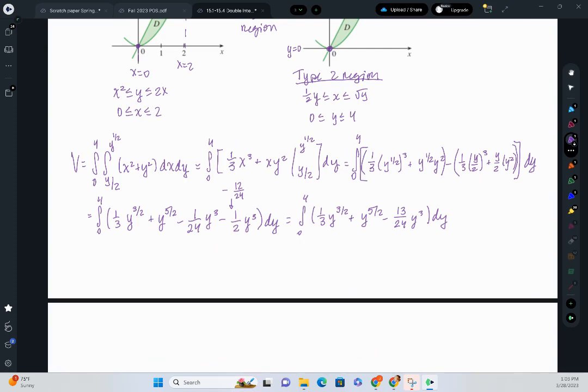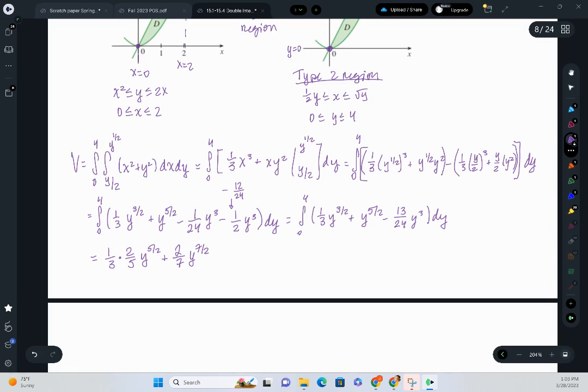All right, the antiderivative of y to the 3/2 is going to be y to the 5/2 divided by 5/2, which will flip and be a 2/5. So this gives me 1/3 times 2/5 y to the 5/2 plus the y to the 5/2 when I integrate will give me y to the 7/2 divided by 7/2, which is just the same as multiplying by 2/7.